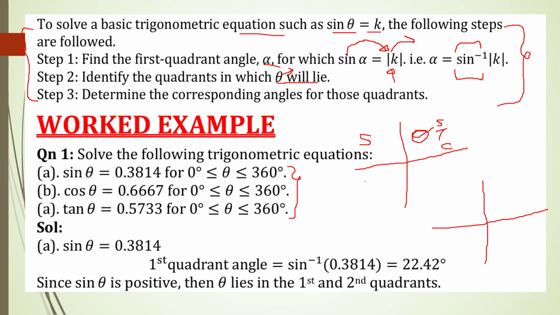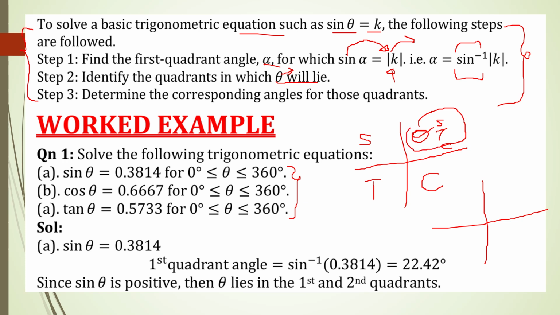Then for the third quadrant, it's only tan that is positive and the others are negative. And in the fourth quadrant, it's only cos that is positive and the others are negative. After finding your angle, you are going to get the first angle lying in the first quadrant.